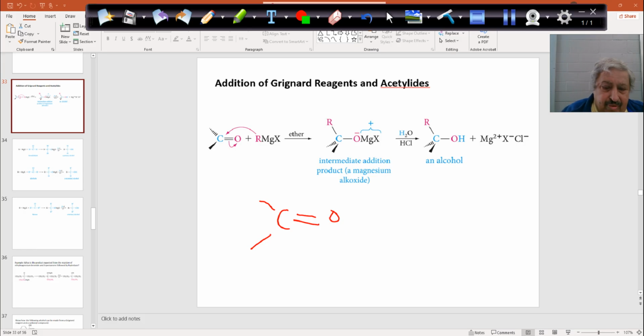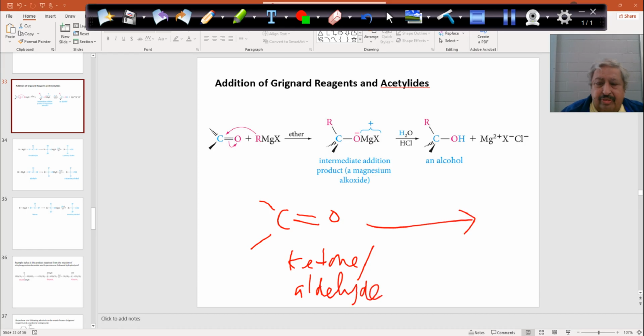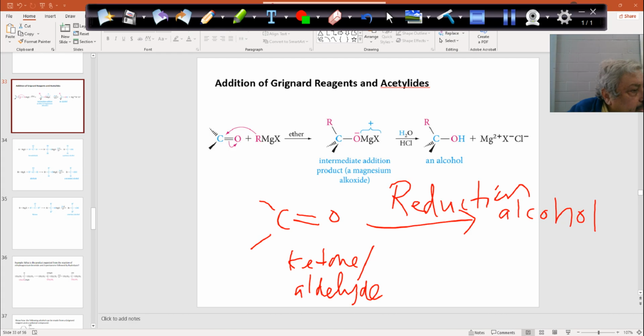So it goes from ketone or aldehyde, and you get reduction back to alcohol. That's the whole idea. That's what? A reduction. You are reducing the ketones or aldehyde into alcohol. That's using a Grignard reagent.